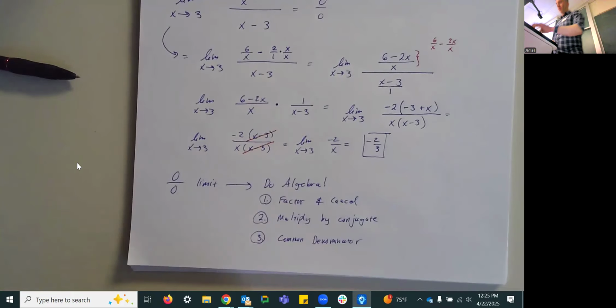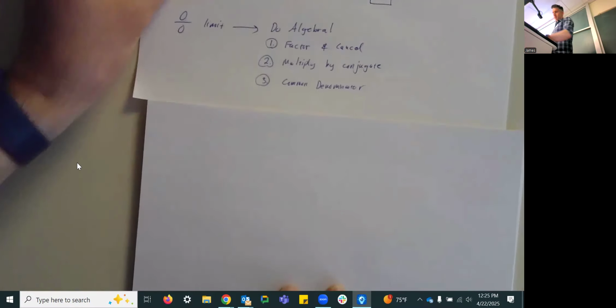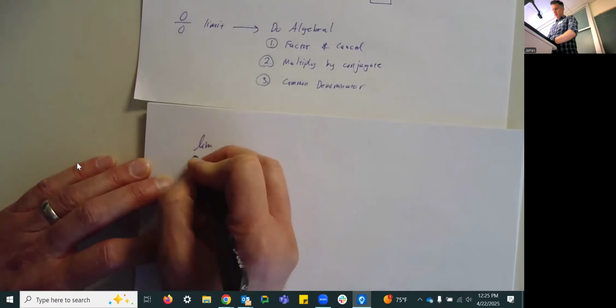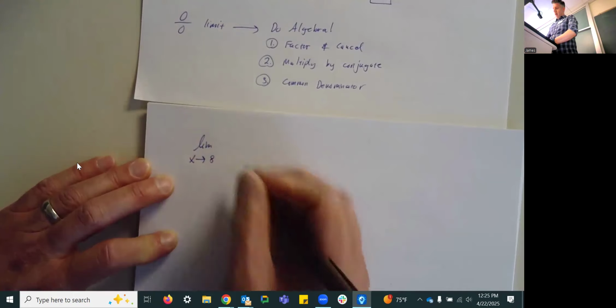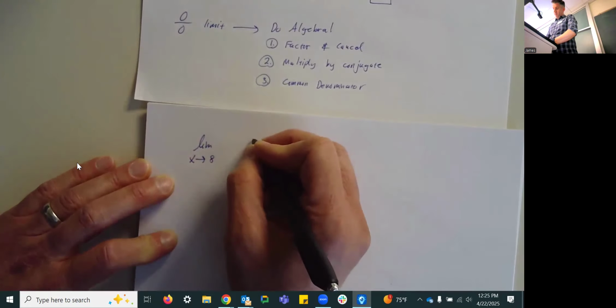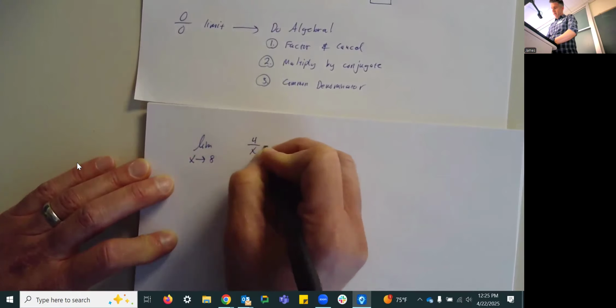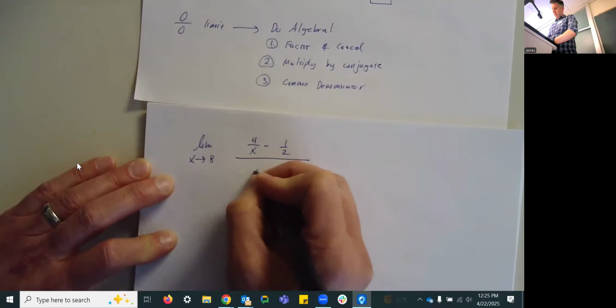So I want you all to try this next one on your own. We'll define, say, the limit as x approaches 8 of 4 over x minus 1/2, divided by x minus 8.